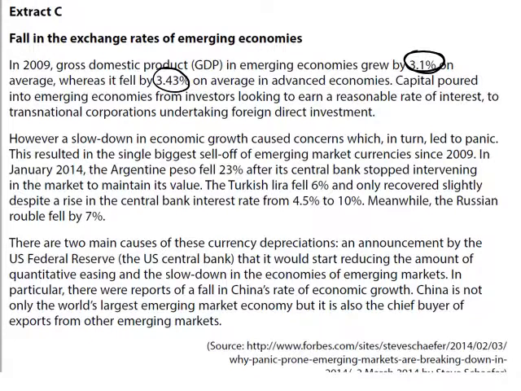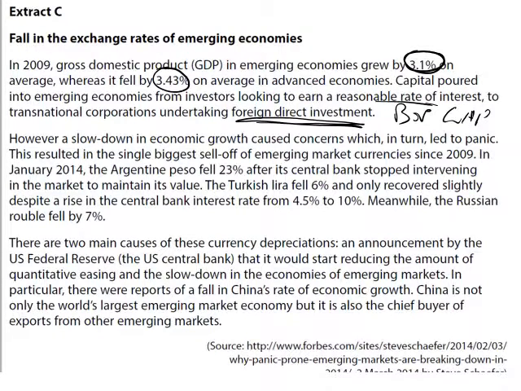Capital poured into emerging economies from investors looking to earn a reasonable rate of interest, and from transnational corporations undertaking foreign direct investment. So we do have 2 reasons there why initially their currencies, or the balance of payments on the capital account side, has improved.